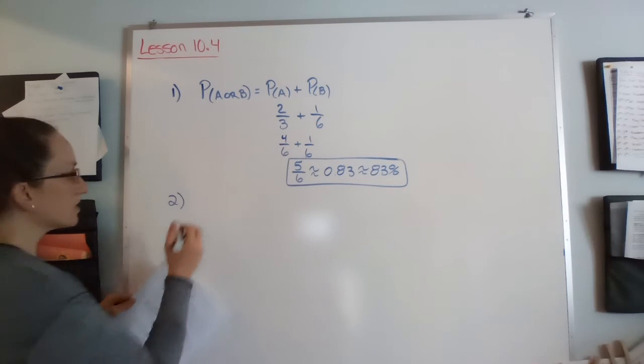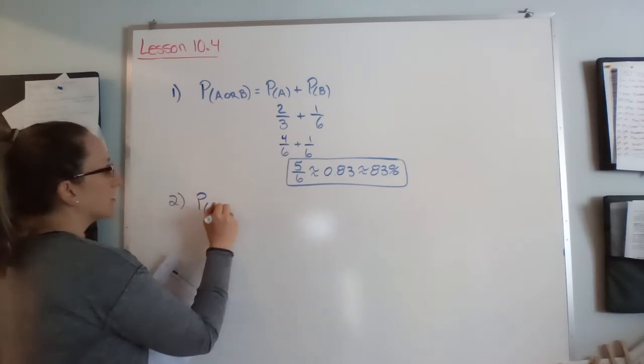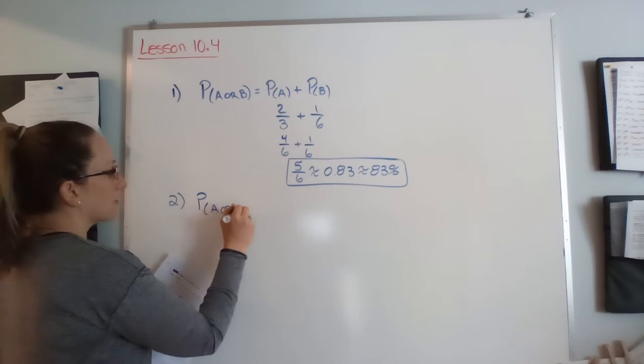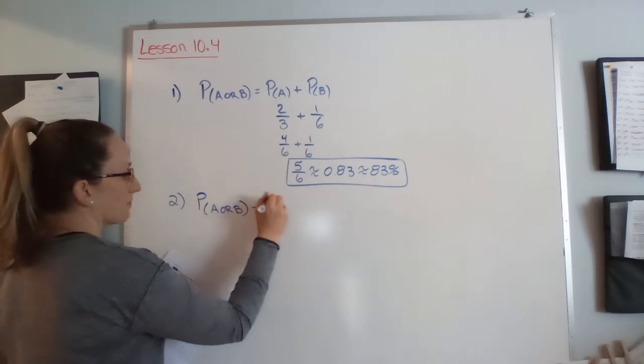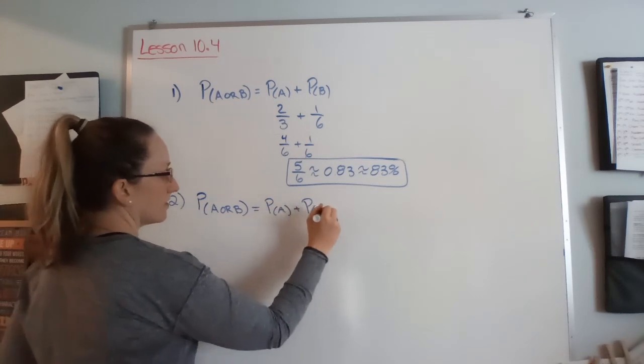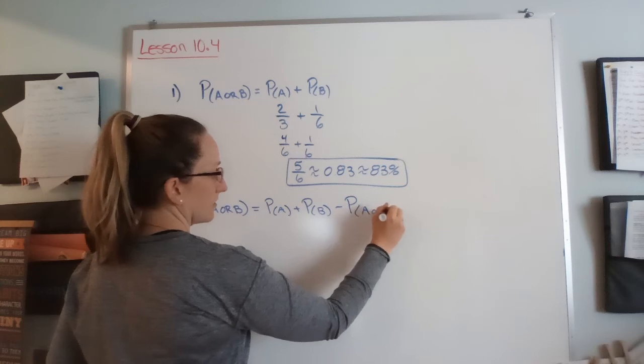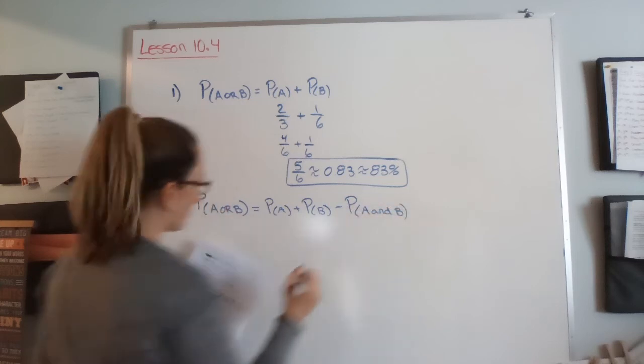Okay, so we learned on the previous page that for overlapping events, the probability of A or B is equal to the probability of A plus the probability of B minus the probability of A and B. So we're going to substitute in the values we know.